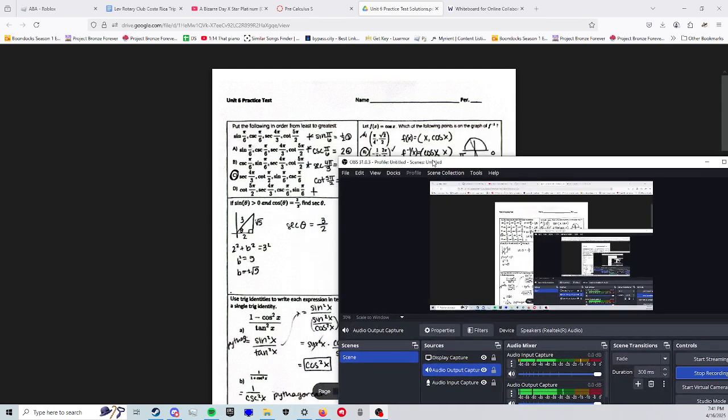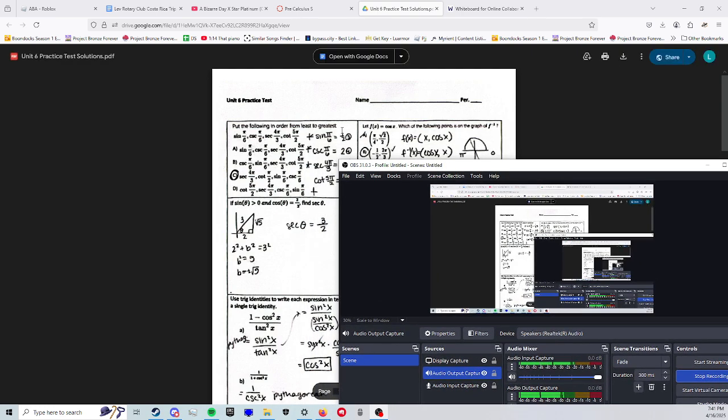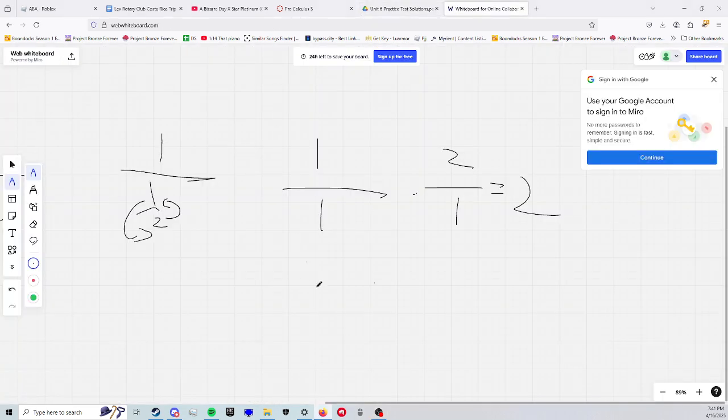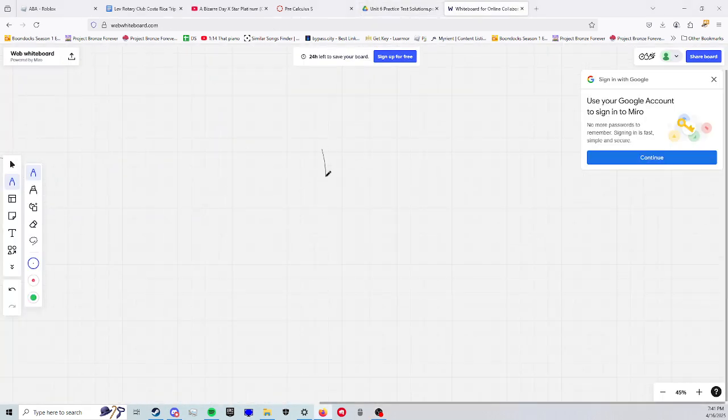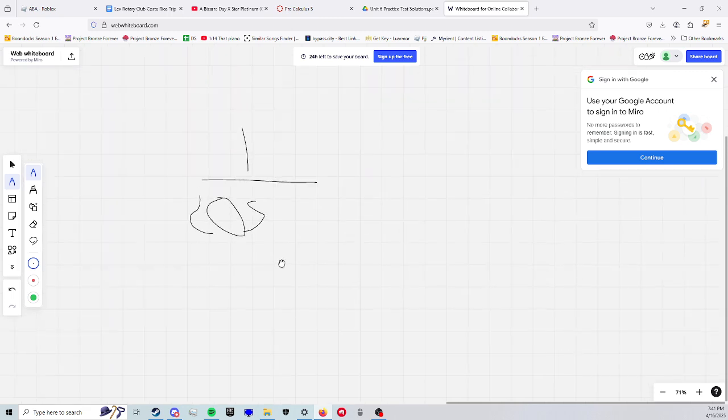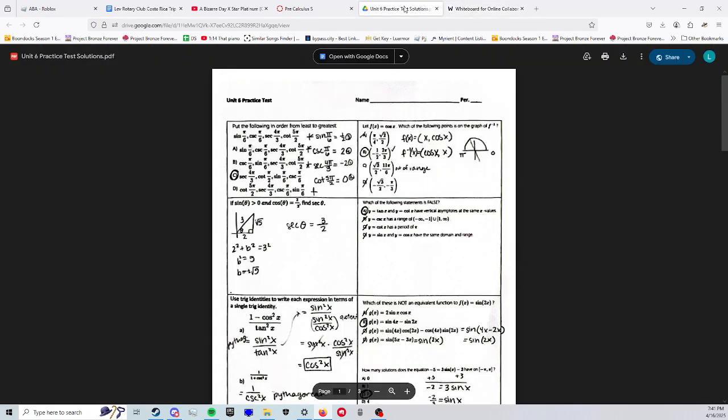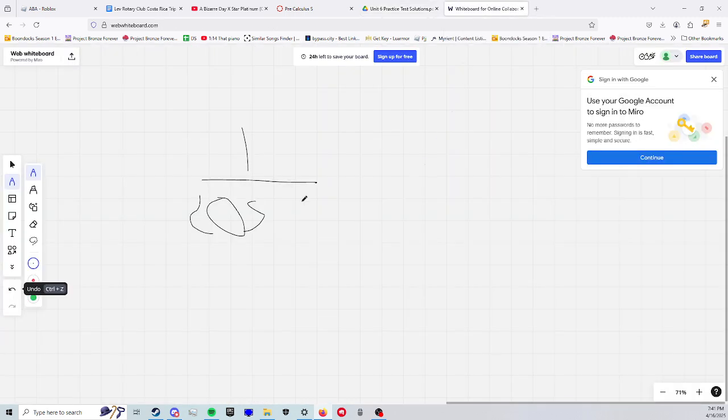So then what we're going to do is move this down. We have 2. Our next one is secant 4 pi over 3. Secant is 1 over cosine, the reciprocal of cosine. I'll write this out for you: 1 over cosine. So we're looking for cosine of 4 pi over 3.